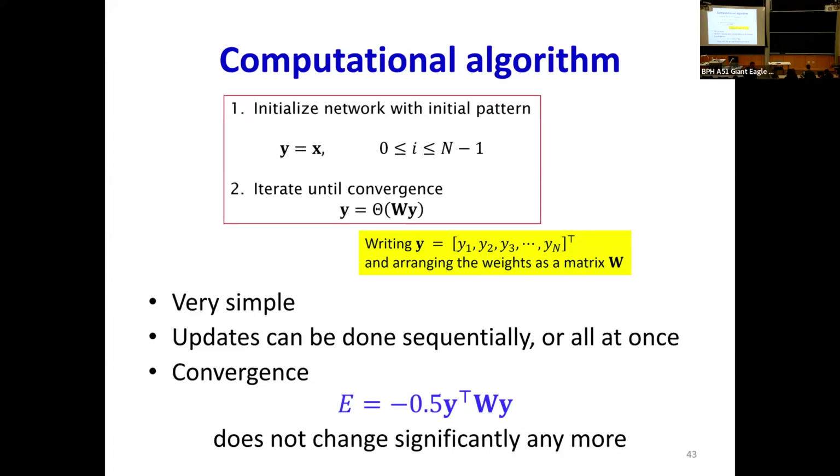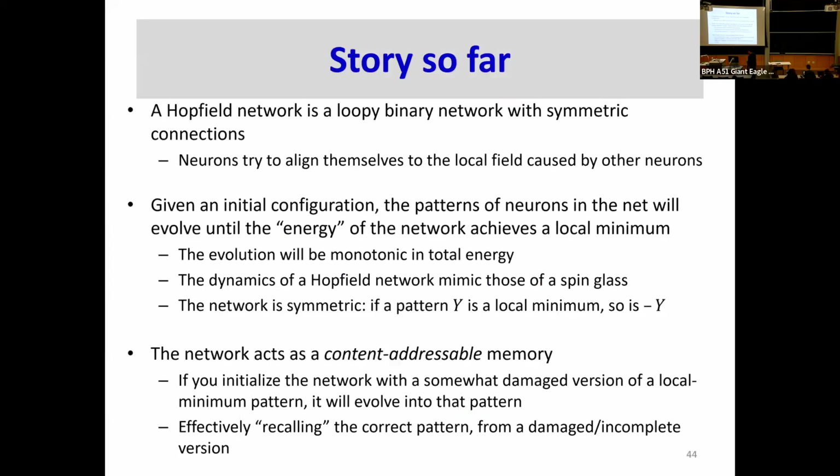It's a quadratic: y squared is the same as minus y squared, right? So the network is symmetric. If a pattern y is a local minimum, so is minus y. And the network acts as a content addressable memory. If you initialize the network with a somewhat damaged version of a local minimum pattern, it will evolve into that pattern, effectively recalling the correct pattern from a damaged or incomplete version.